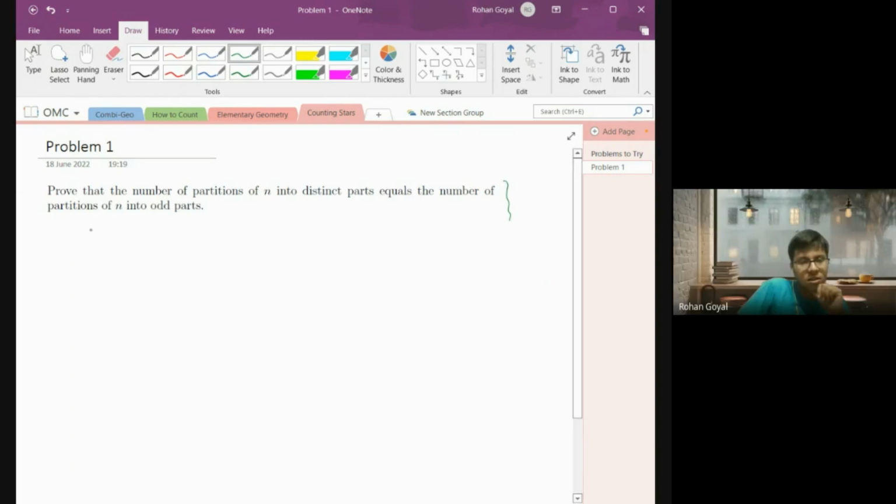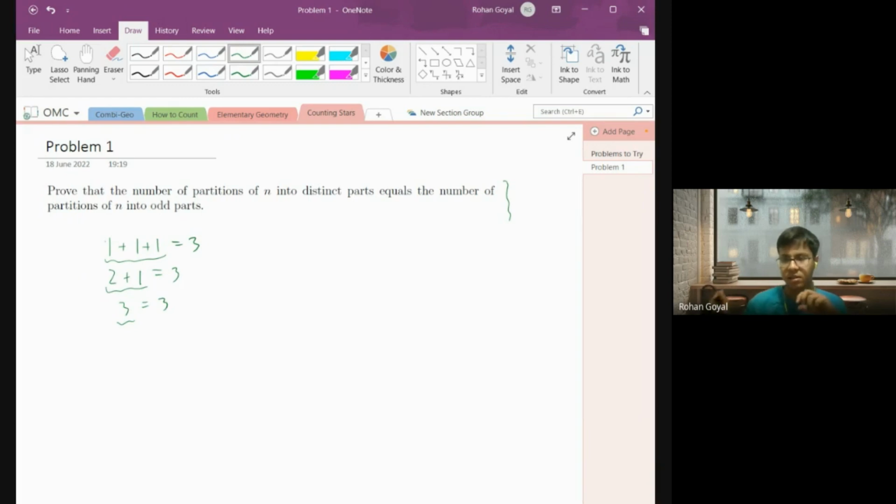Okay, partition is just like writing it as a sum of some things, like 1 plus 1 plus 1 is equal to 3, and 2 plus 1 is equal to 3, and 3 is equal to 3. So these are just three ways to partition. Order does not matter, just the numbers which you're adding matter.